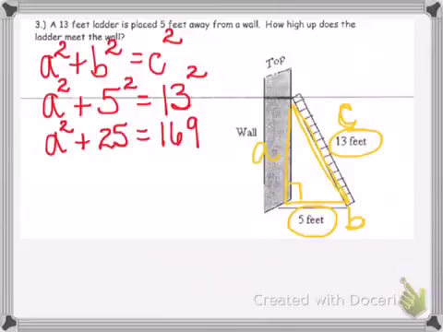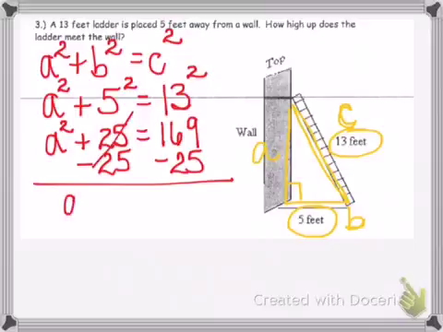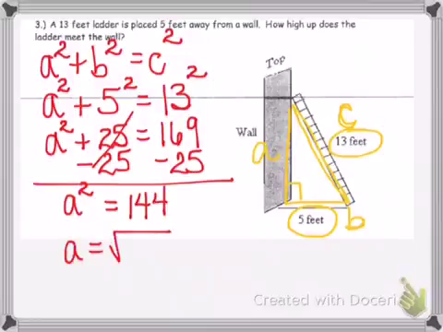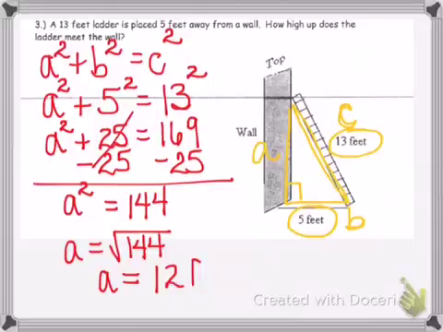I want to get a squared alone on the left side, so I'm going to subtract 25 from both sides. And these cancel out. Now I've got a squared equals 144. I am going to take the square root. So the length of my missing leg of my right triangle is 12 feet.